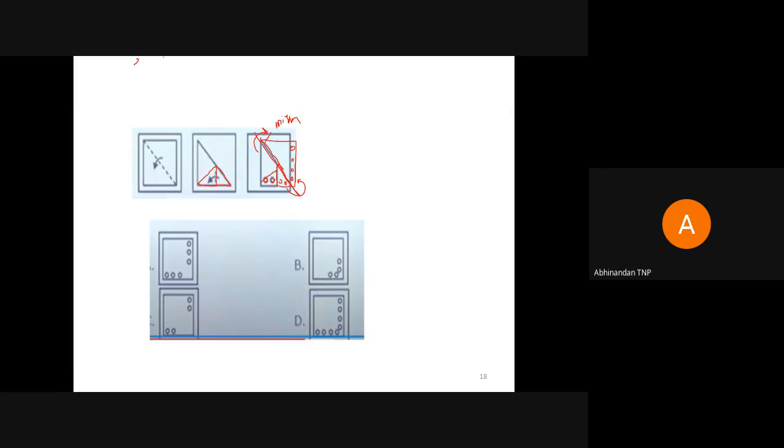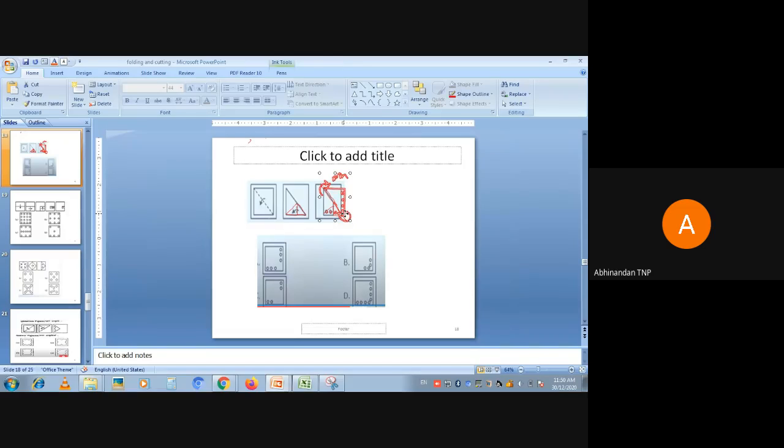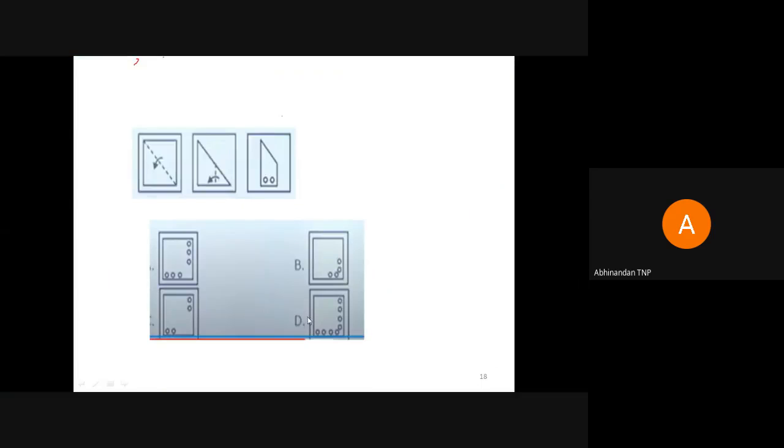Now we'll go for the next. This is a simple question which was asked in one of the aptitude tests of a competitive exam. You just have to imagine yourself and find out the correct answer. Here there is a triangle, and we have cut the portion over here and we have to unfold it. After unfolding it, what kind of image do you get?